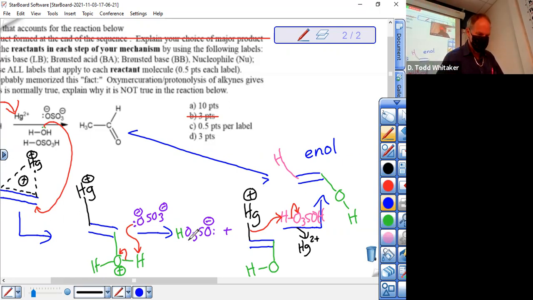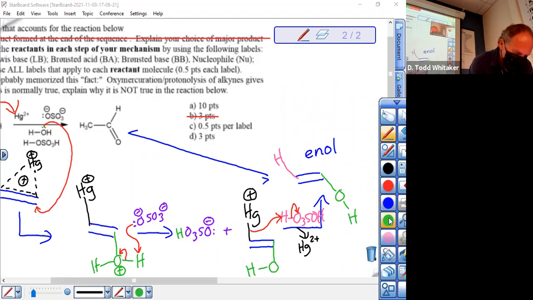So I'll redraw both. Conjugate base is HO3SO minus, and the acid is HOSO3H.